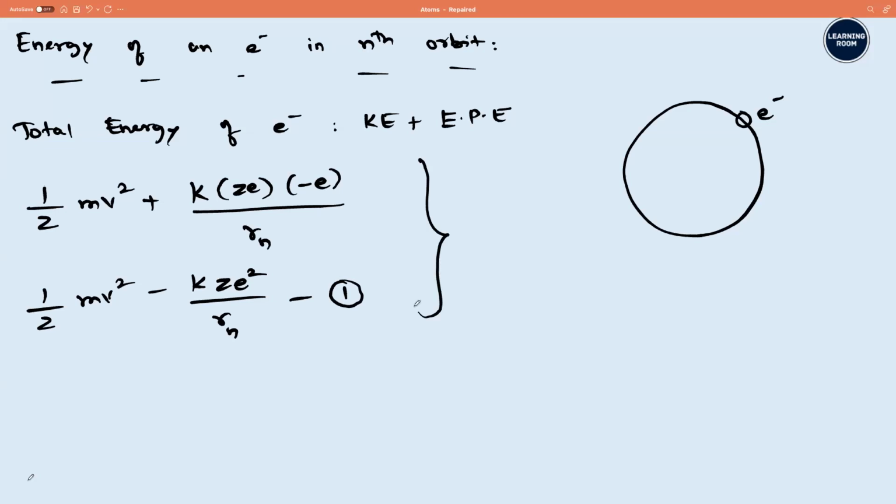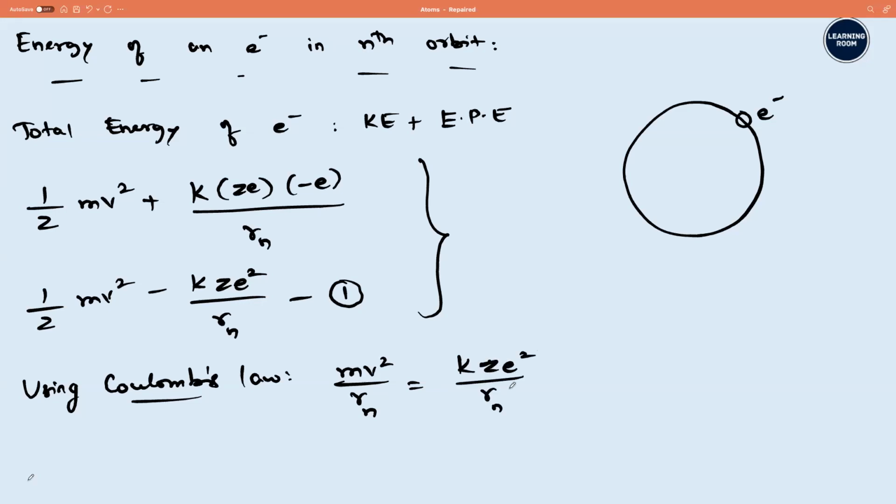Now keeping this in mind, using Coulomb's law, what will I get? mv square divided by Rn is equal to kZ e square divided by Rn square.